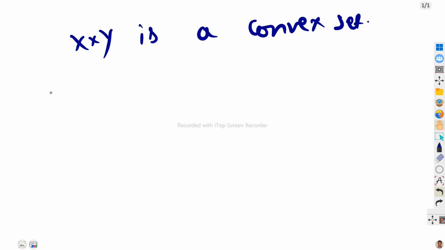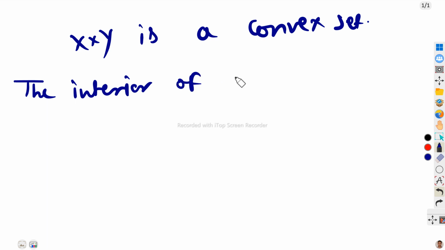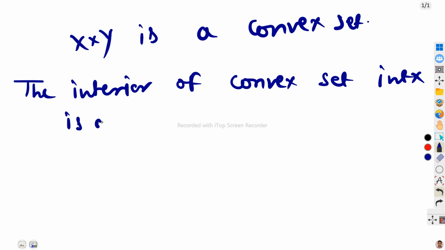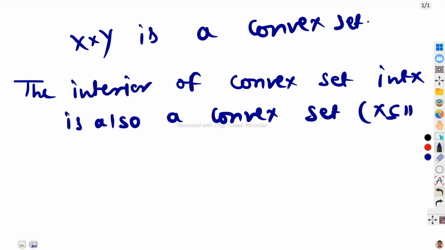The interior of a convex set, denoted by int X, is also a convex set, where X is a subset of Rn.